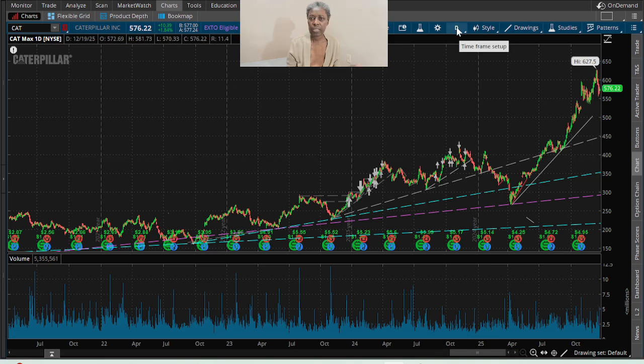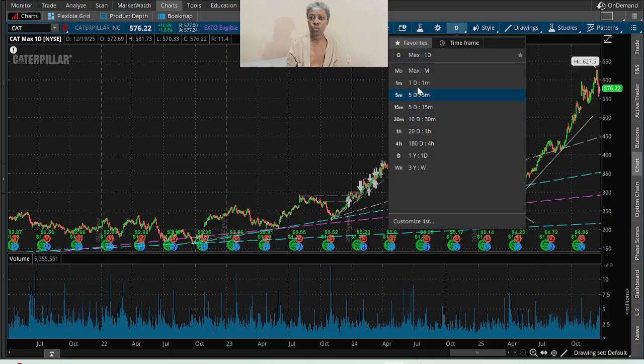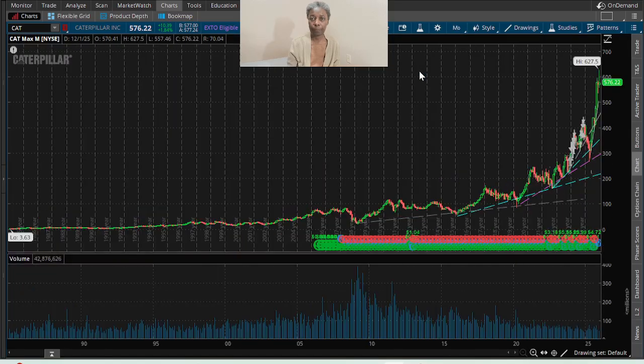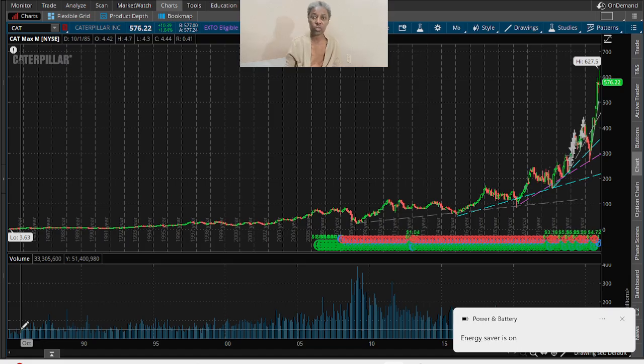And the second feature that I like is to be able to choose your time frame and have the choice for maximum monthly chart and maximum daily chart. So maximum monthly chart is great if the platform can show you multiple years of the chart.